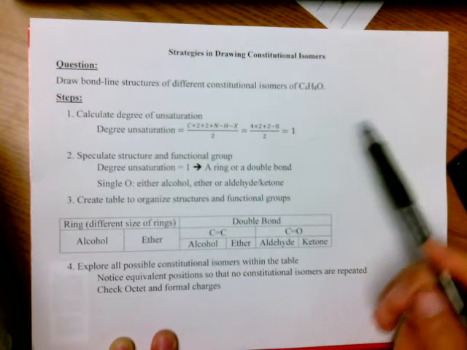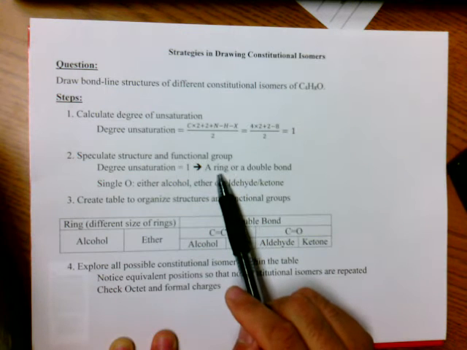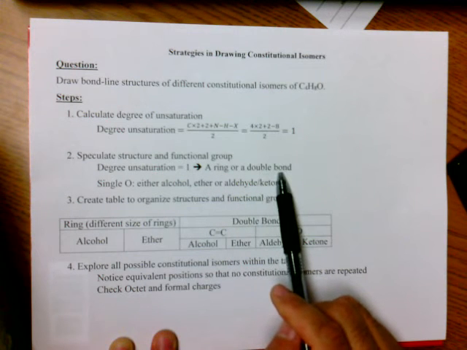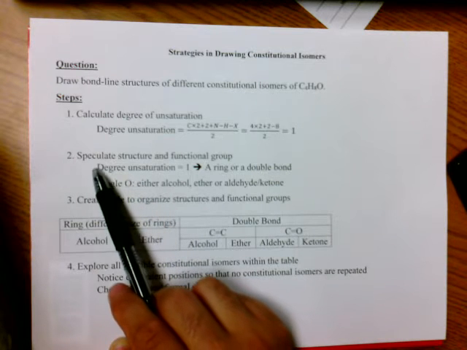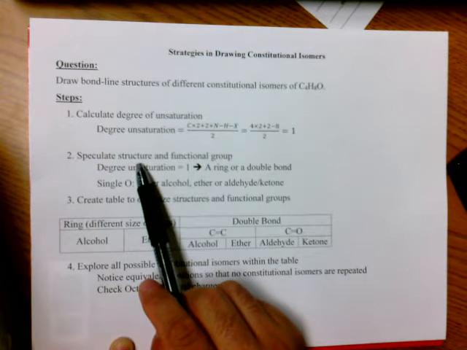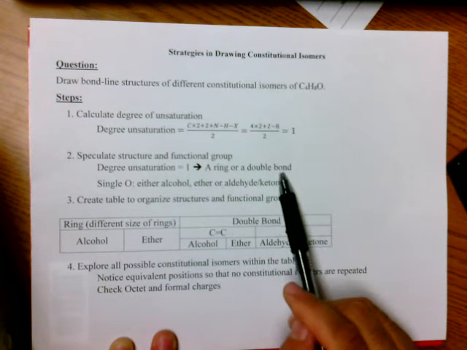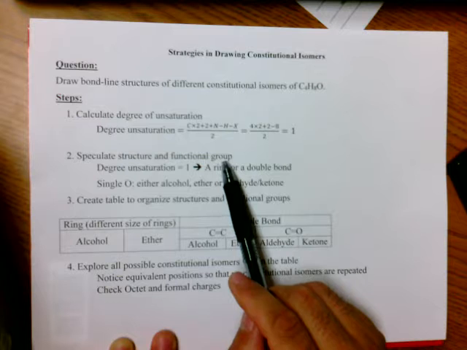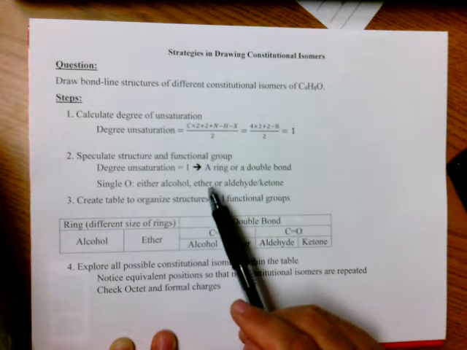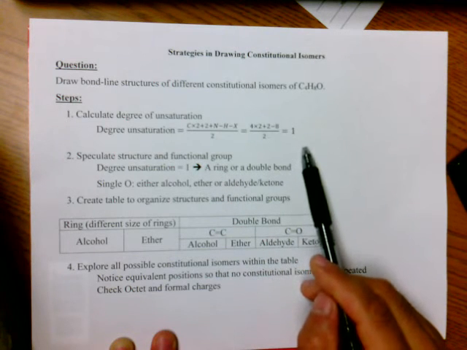What it really means is that we may have either a ring or a double bond. We cannot have both. And we also try to speculate the structure and the functional group. I already mentioned we can have either a ring or a double bond. For functional groups, the degree of unsaturation can provide some hint.